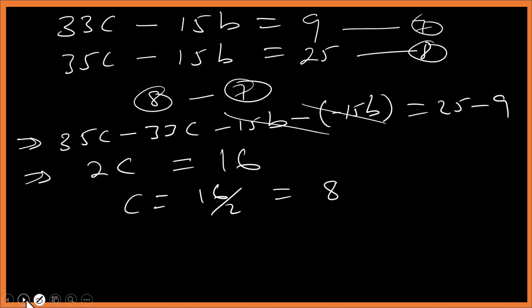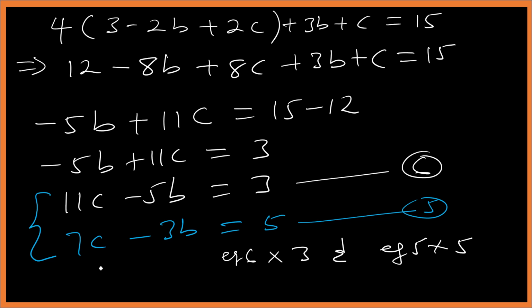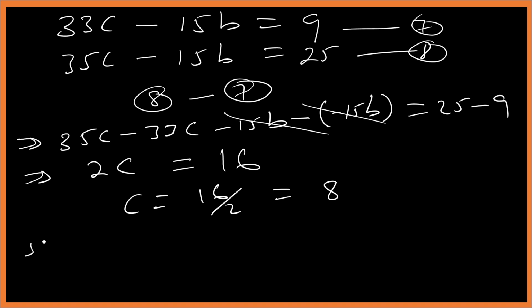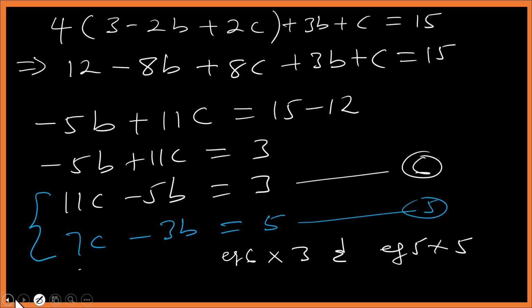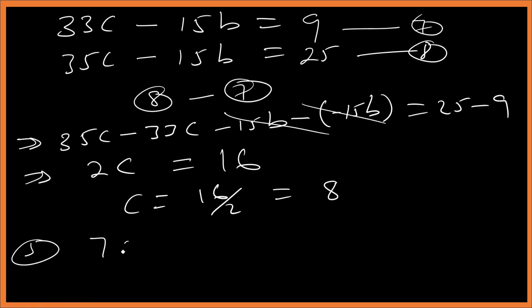Alright, so having c as 8, you can use any of the equations. Using 5, 7c minus 3b equals 5. But c is 8. So 7 times 8 minus 3b equals 5.